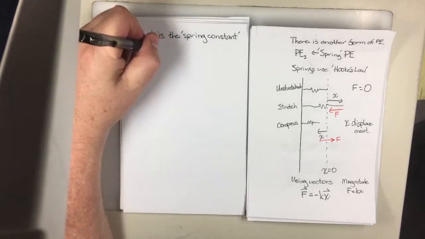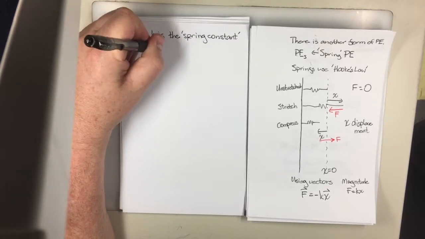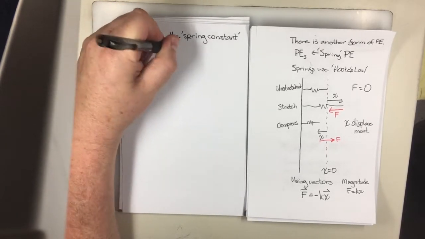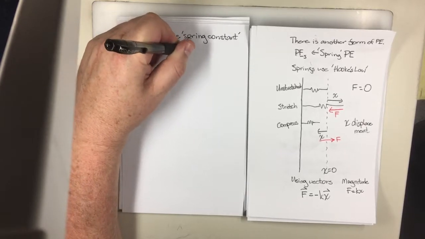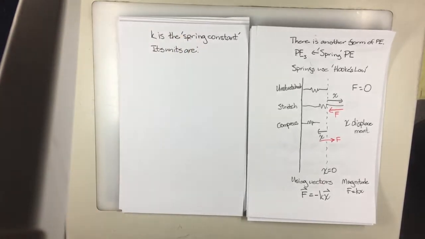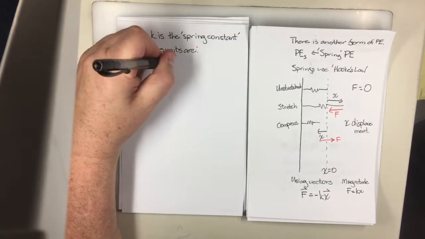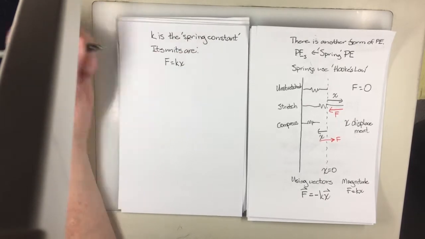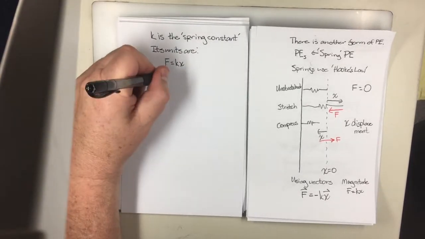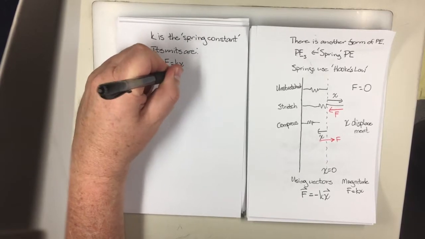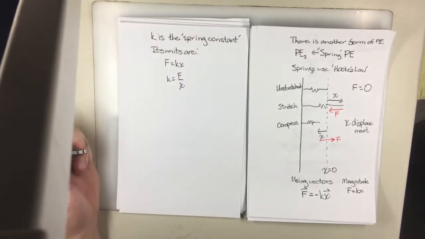Now, the units. A lot of times you sit there and go, well, I don't know what the units are. And then I ask, well, what is Hooke's law? Well, Hooke's law is F equals kx. And then I would say, well, solve for K. Okay, K is F over x.